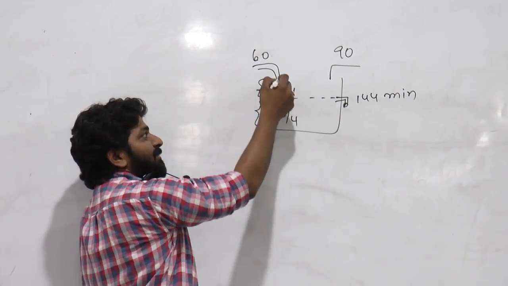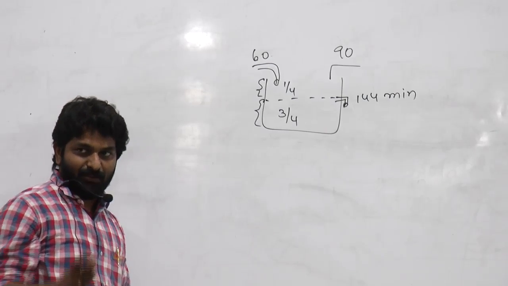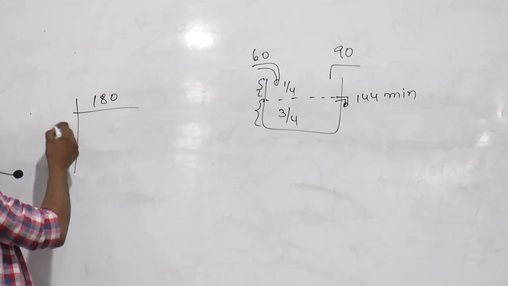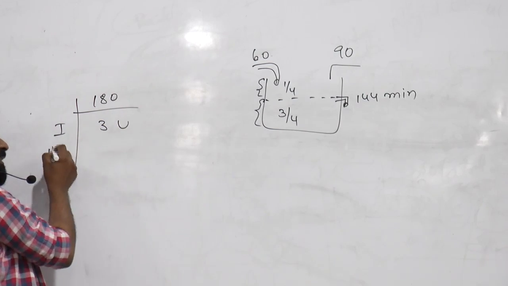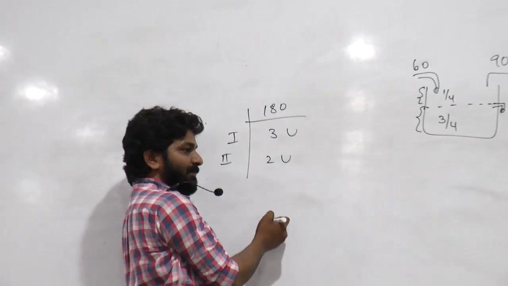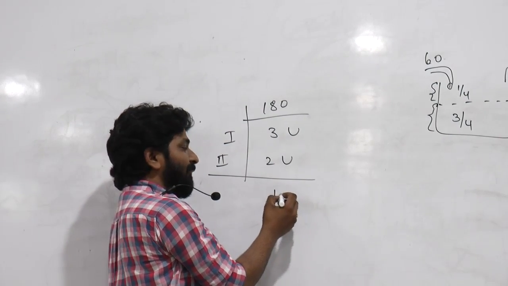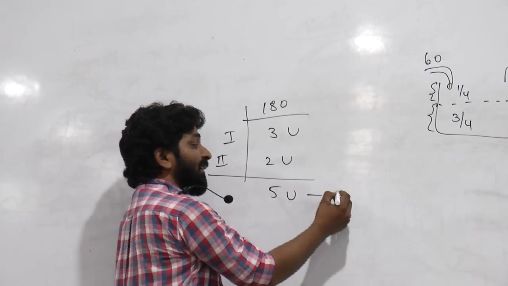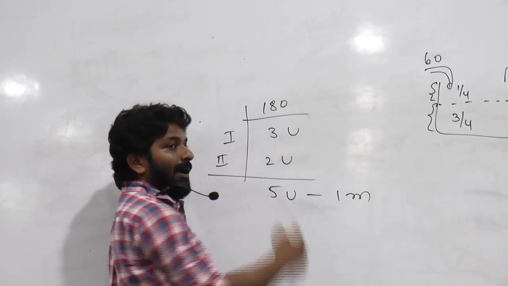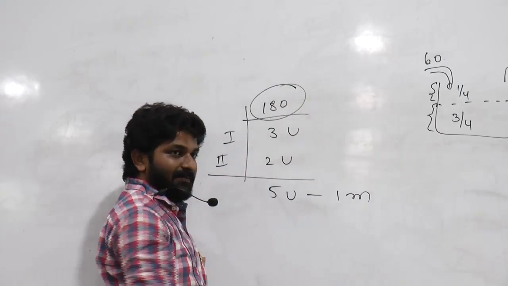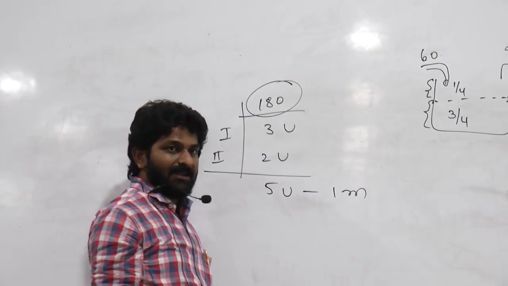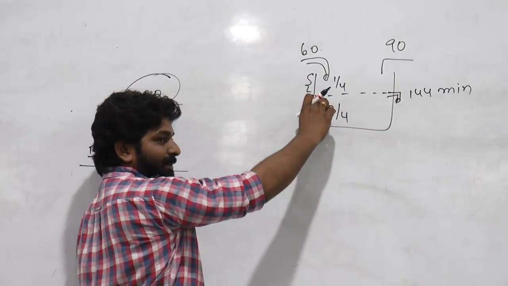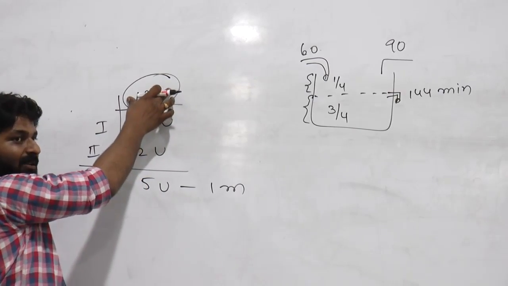First tap alone takes 60 minutes and the second one takes 90 minutes. LCM is 180. Taking 180 units, the first inlet takes 60 minutes, so it can fill 3 units per minute. The second inlet takes 90 minutes, so it can fill 2 units. So in 1 minute both can fill 5 units. 180 is the full tank capacity, but both inlets will work only for 75% of this, which is 120.